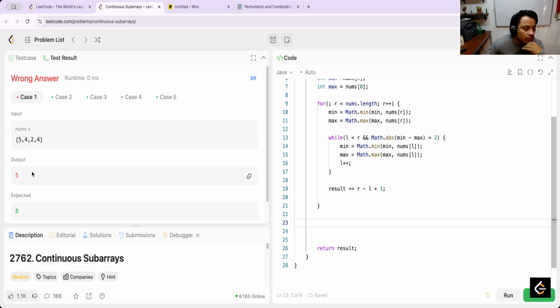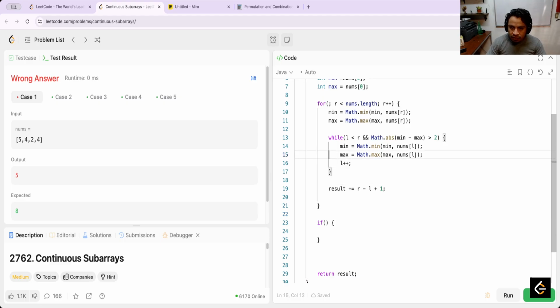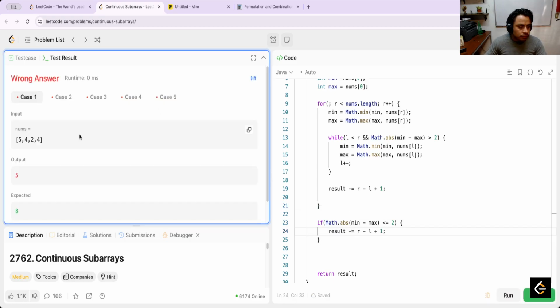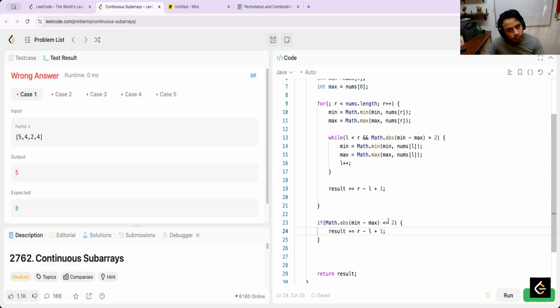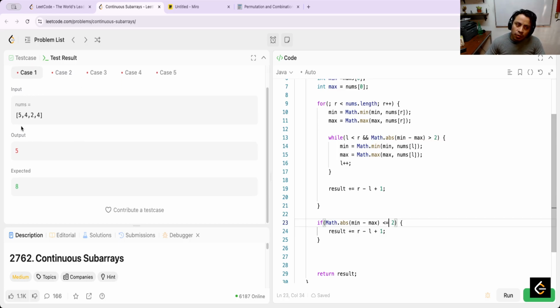Okay, what is happening here? Why do I return 8? I think that it is because in any moment, got it, it's here. If this difference is minor or equal to, why?